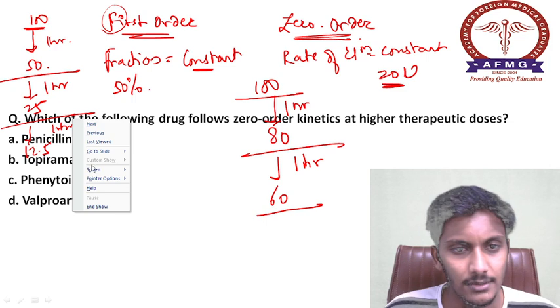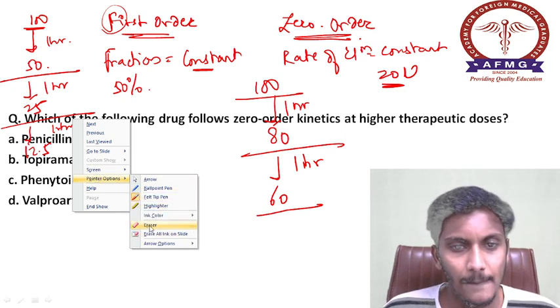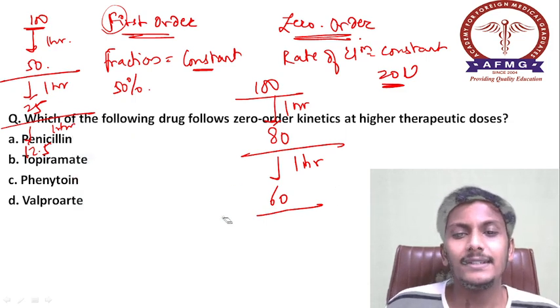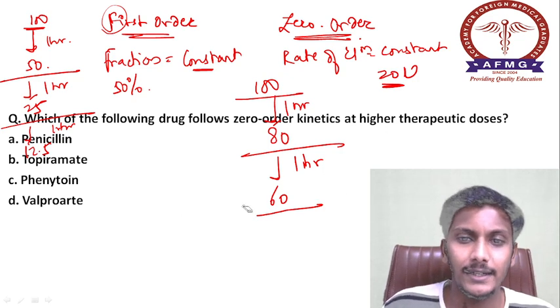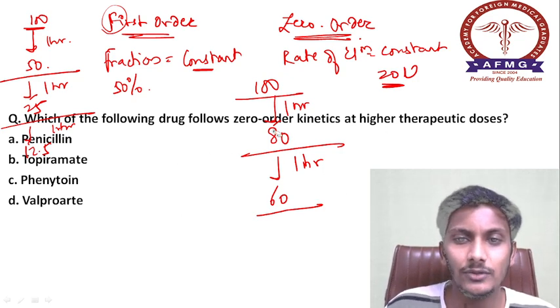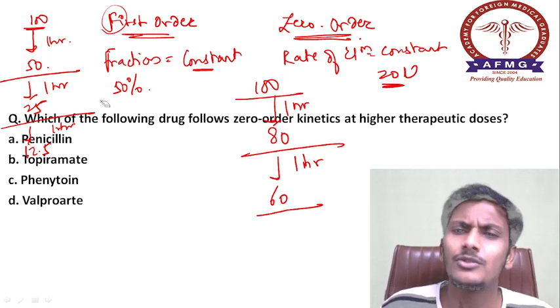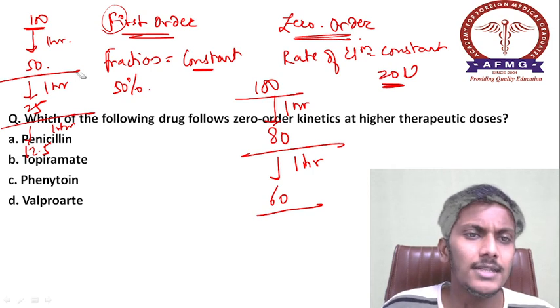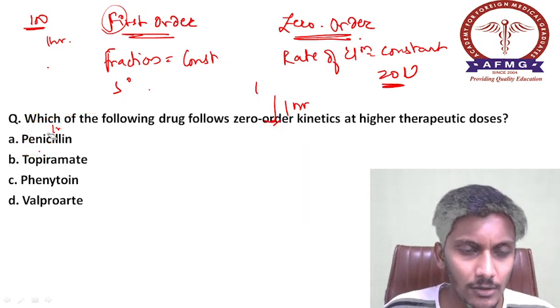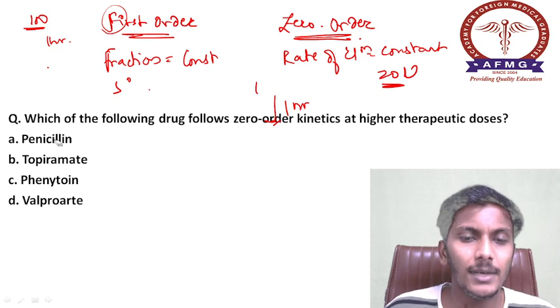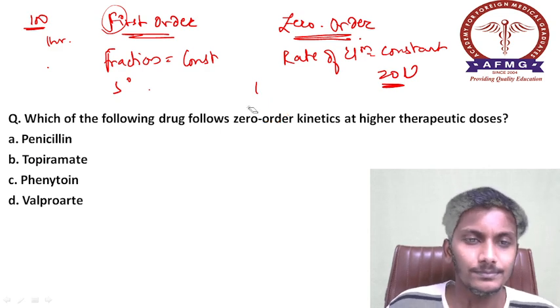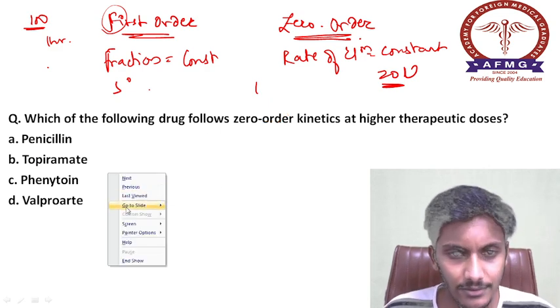Okay, so just a minute. Yeah, so let's remember the mnemonic for zero order kinetics, which is widely accepted: it is 0 watt power. Please remember, the mnemonic is nothing but 0 watt power. Let's write it down.